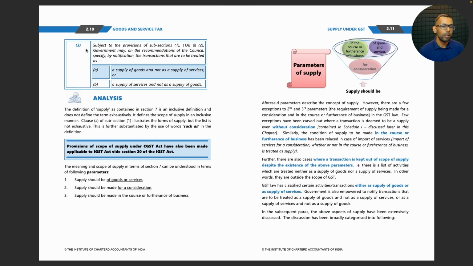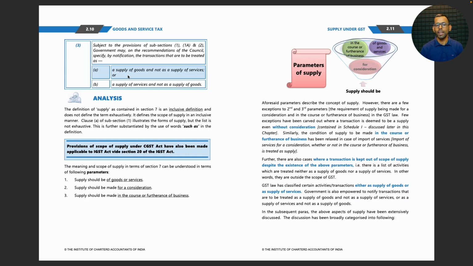Now subsection 3. Subject to the provisions of 1, 1A and 2, government may, on the recommendations of the council, I think this is the GST council, specify by notification the transactions that are to be treated as supply of goods and not as a supply of service, or as a supply of service and not as a supply of goods.